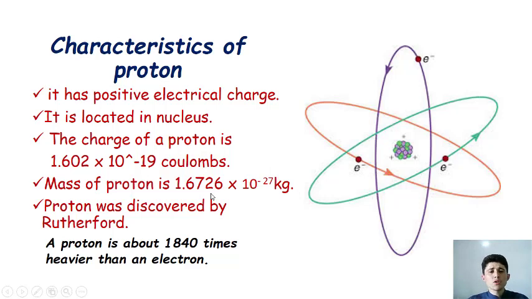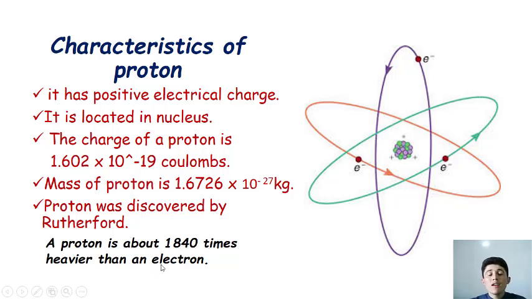And also, my dear students, the proton was discovered by a scientist called Rutherford. A proton is about 1840 times heavier than an electron, in order to compare the heaviness of an electron with a proton.